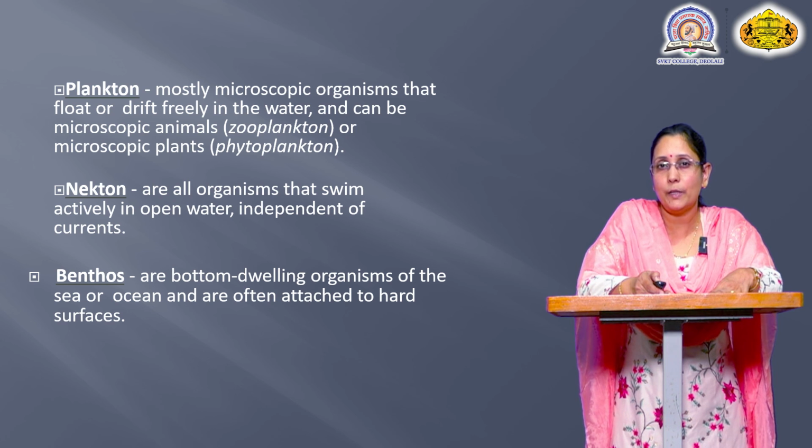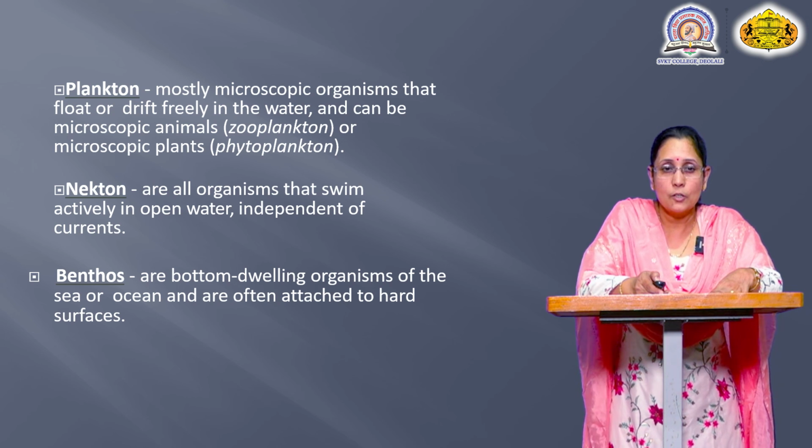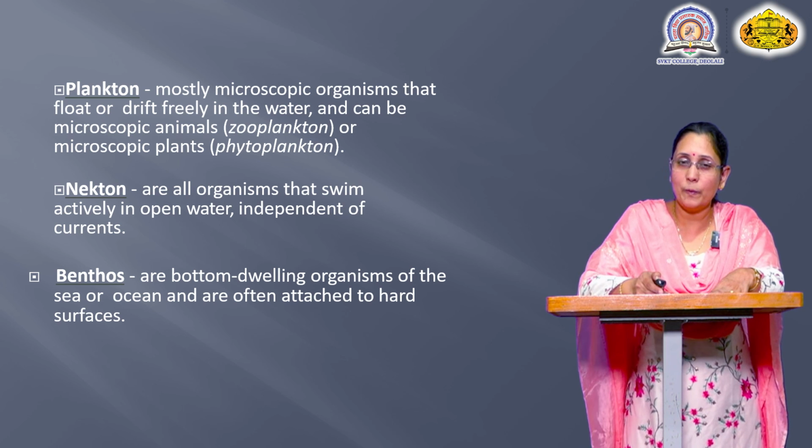This is the simple meaning of plankton. Two types of free floating organisms are there, some plants and some animals. If animals, we call them zooplanktons, and if plants, we call them phytoplanktons.